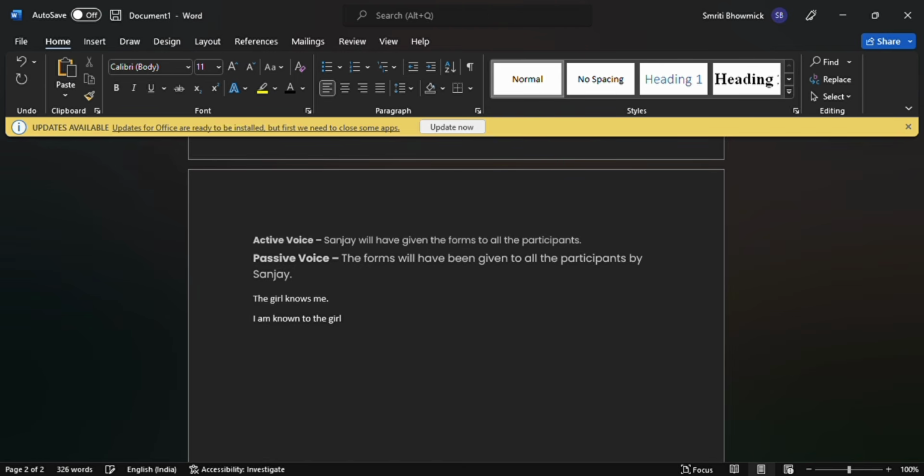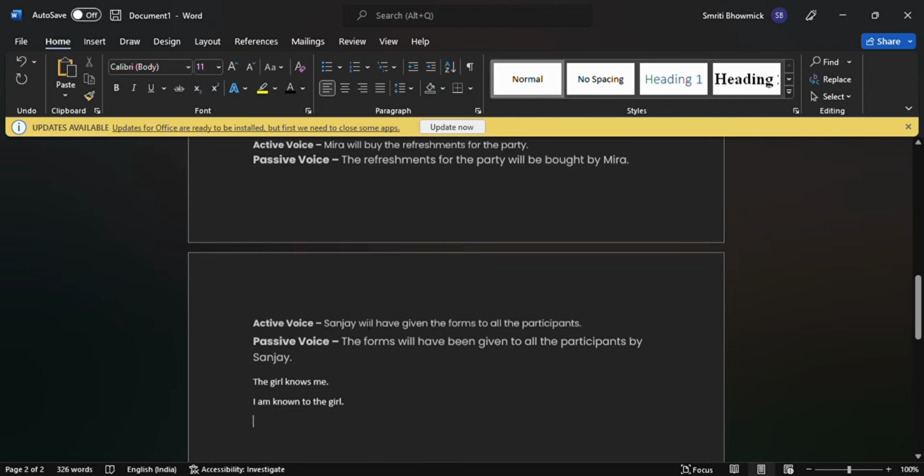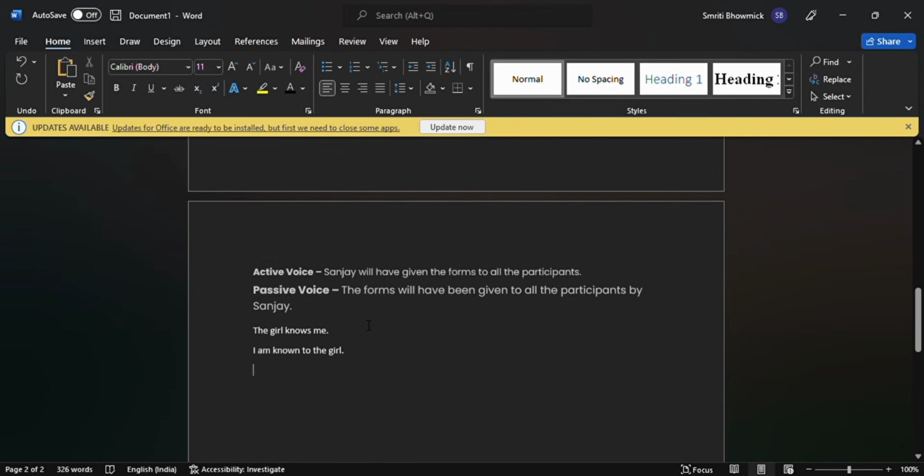Never use by with known, always use to, that is, known to. I am known to the girl. So this is the correct passive voice of this sentence.